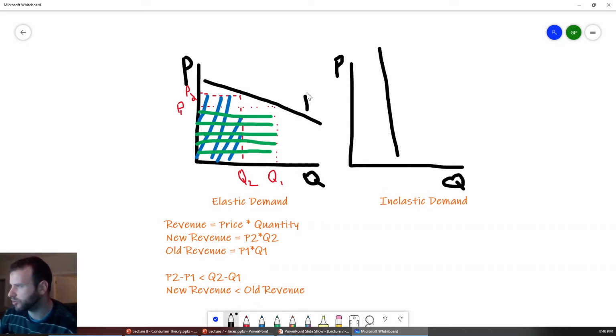I guess I should label this demand. This is demand. Okay. And when there's a small price increase, let's even try to line it up so that it looks fairly close to the other graph. So P1 should be like around here. P2 should be around here.